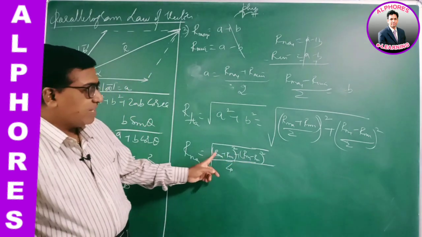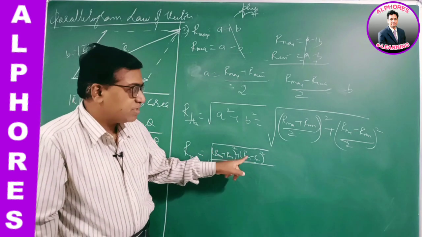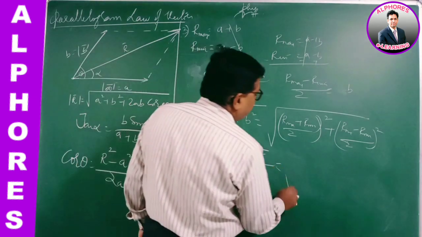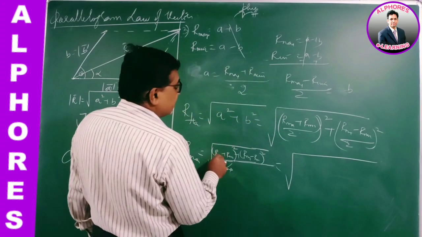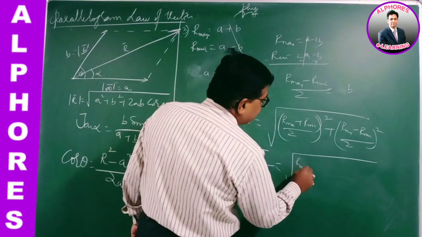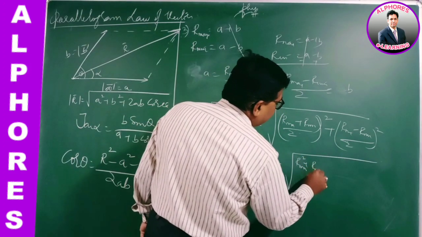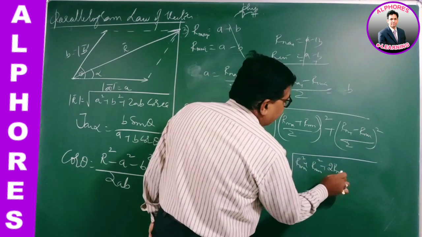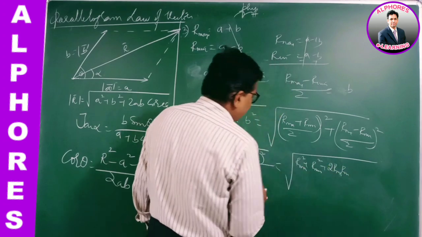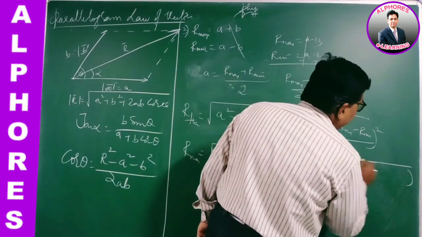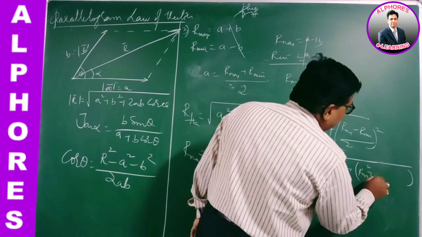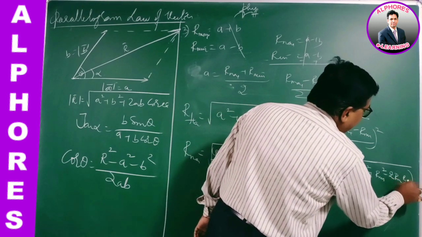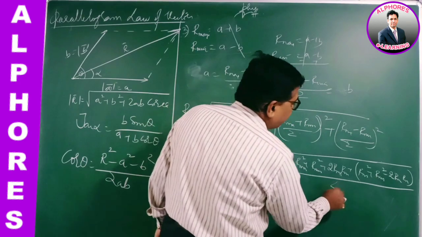Now you can simplify. A plus B whole square is A square plus B square plus 2AB. A minus B whole square is A square plus B square minus 2AB. So this comes out to be under root of, R max square plus R min square plus 2 R max R min, plus R max square plus R min square minus 2 R max R min, by 4.